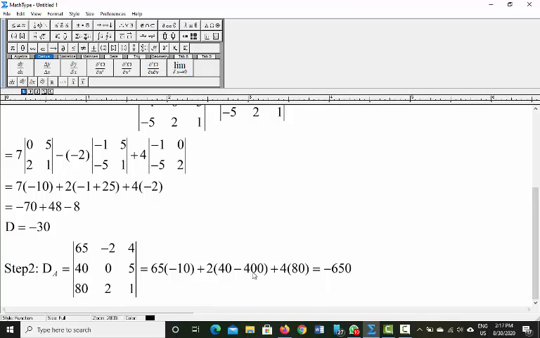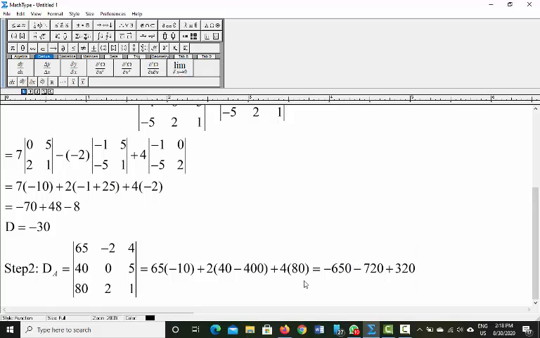Then here, minus 400 plus 40, that means minus 360. Minus 360 multiplied by 2 is minus 720. Plus 320.